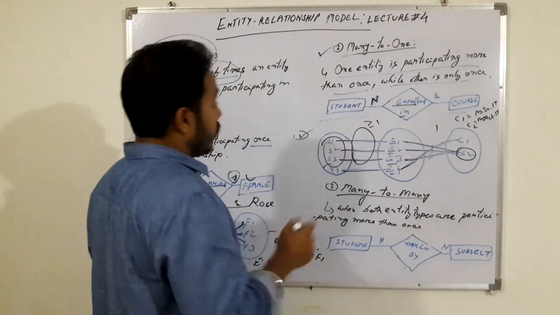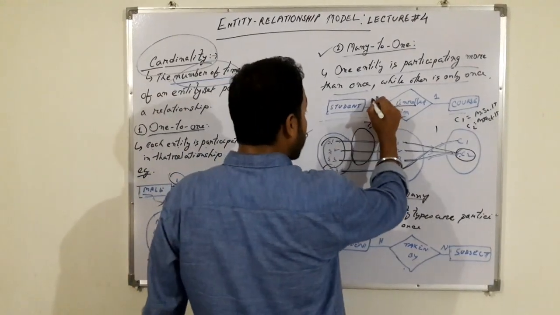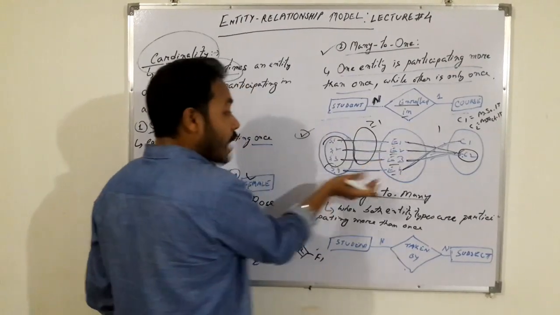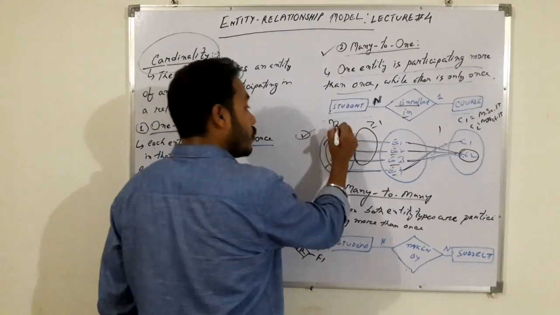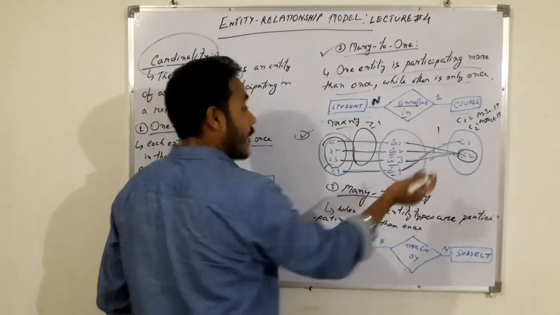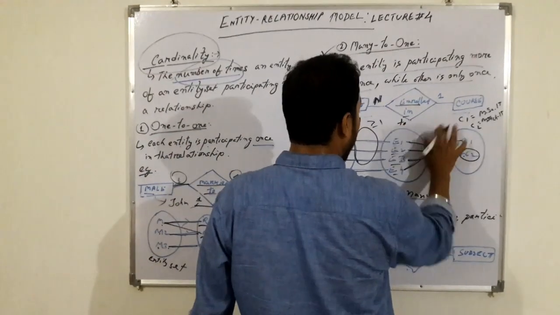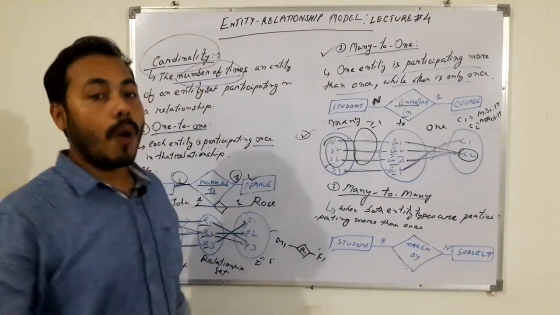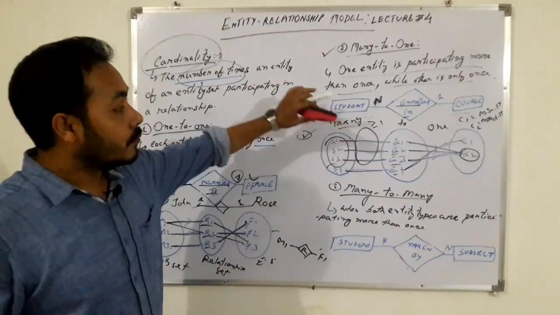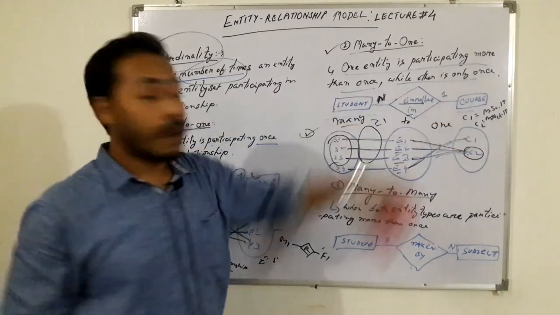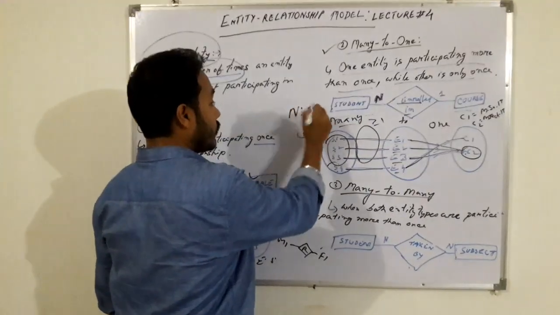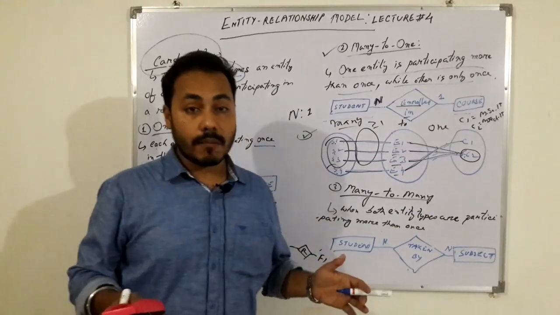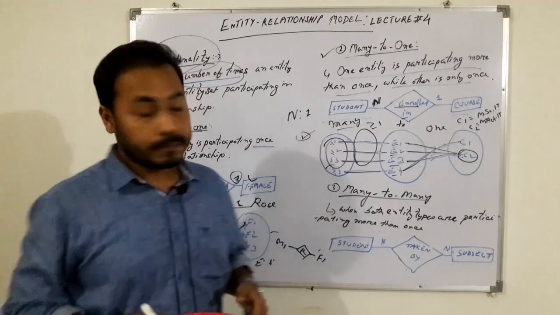That's why we represent it as N. As more than one are participating, we use the term many, and as one is participating only once, that is 1. So this is many to 1, and we represent it as N to 1. Try to frame your own example and let me know through comment.